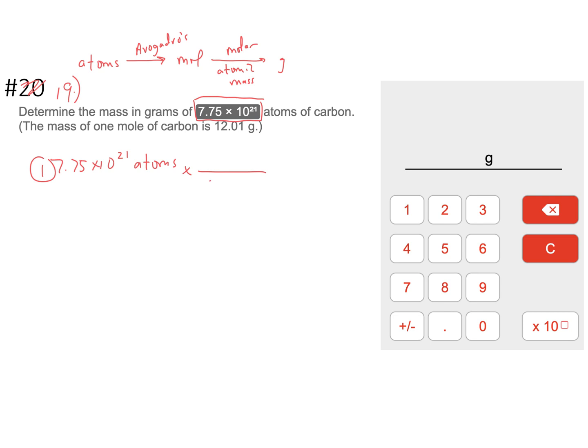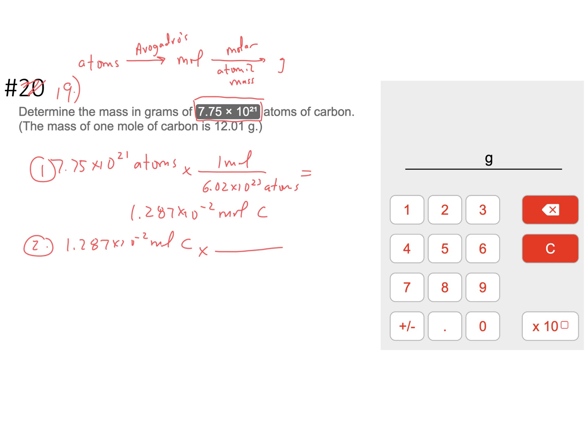We know 6.02 times 10 to the 23 atoms represent 1 mole. So I've got approximately 1.287 times 10 to the minus 2 moles of carbon.